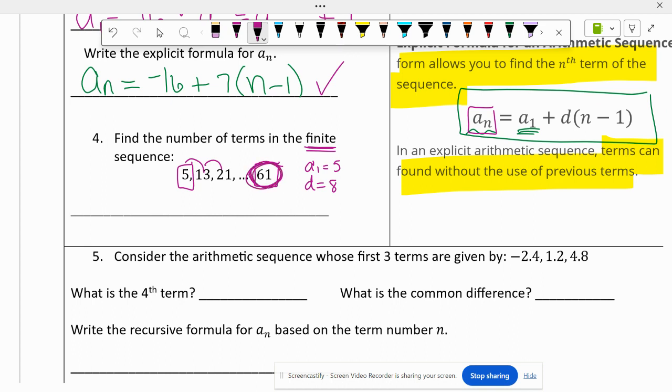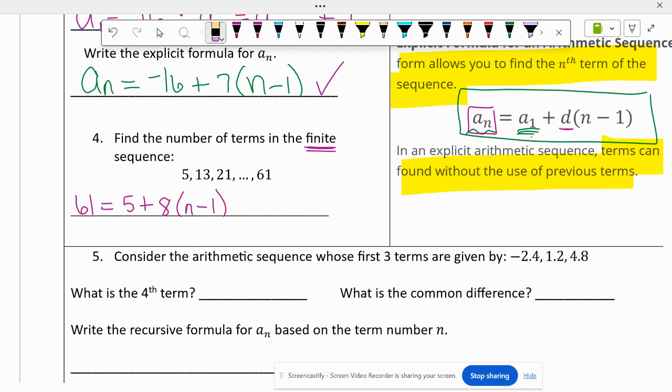So I'm going to say my output is 61. And that equals my first term, a sub 1, which is 5, plus d, my common difference, which is 8, times n minus 1. And I have to solve it to find n, because n is the number of terms.